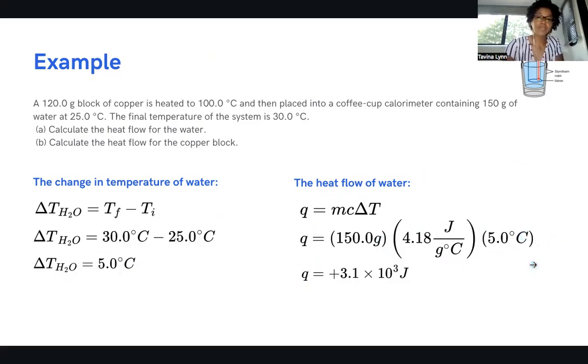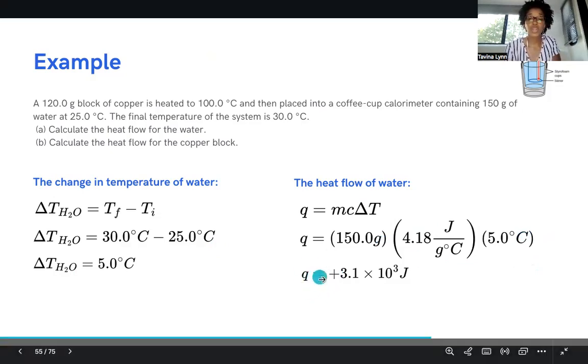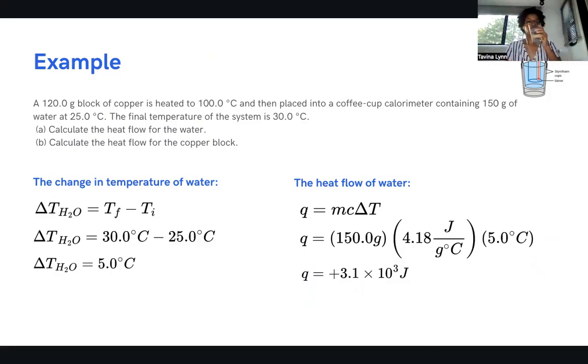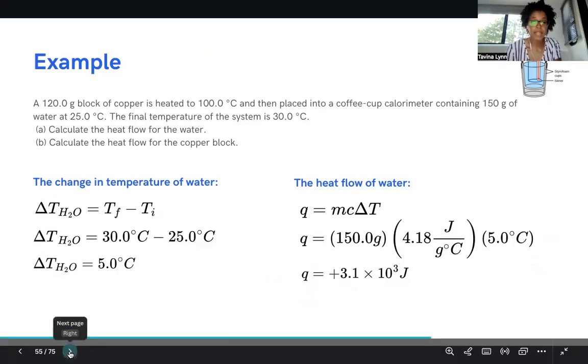So when we do this math, our heat flow, Q, is plus 3.1 times 10 to the third joules. It's positive, right? Because water is receiving heat from the metal.